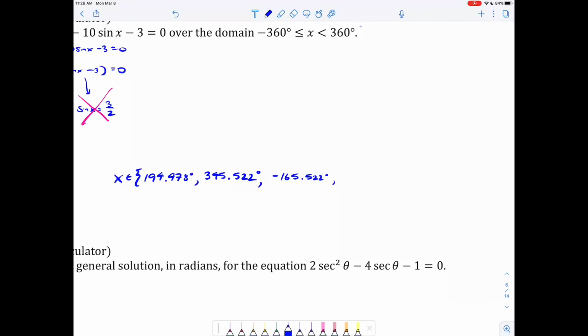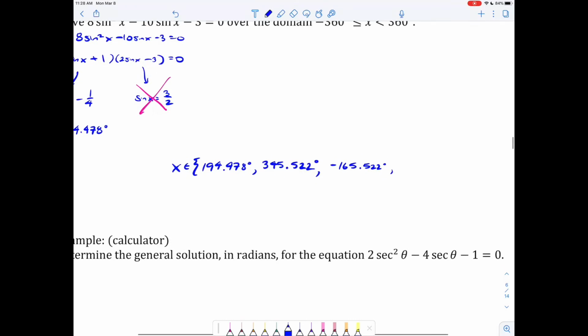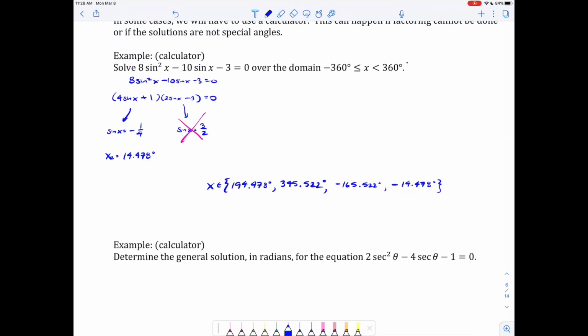And then 345.522 minus 360 will give me the negative version of that. So negative 14.478 degrees.